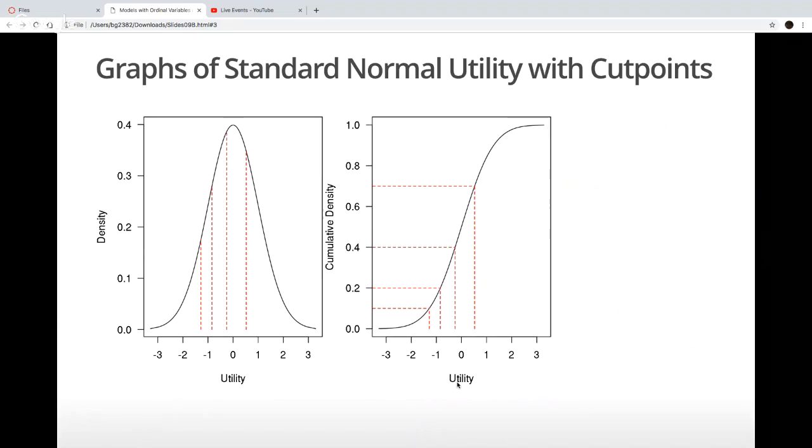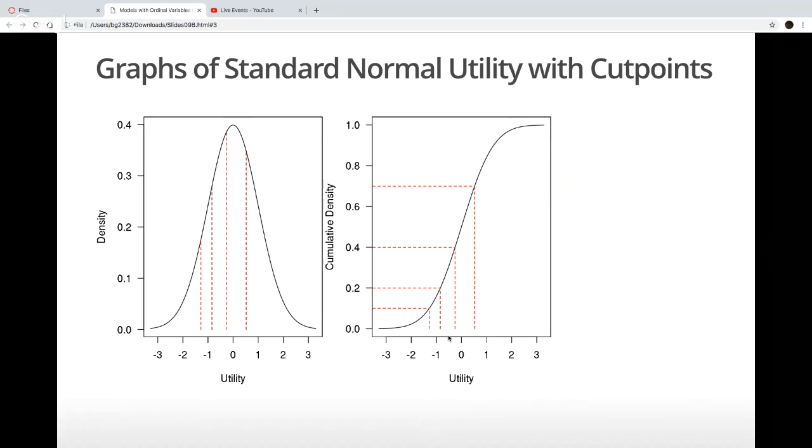That gives us basically the linear predictor of utility. We add on an error term that comes from a standard logistic distribution. Add that on, we get each person's utility for whatever this question is about, and then we see where their utility falls in relation to these cut points.